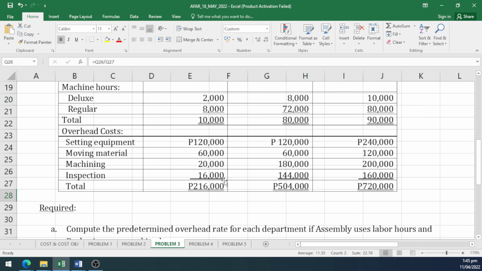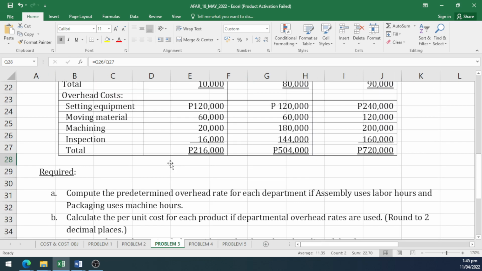Ngayon, pag activity-based costing tayo, ang ating cost pool, activity. Ang ibig sabihin nun, ang pooling natin or accumulation ng cost is per activity. We accumulate the cost of activity ng setup. We accumulate the cost ng activity na moving material. Accumulate the cost of machining. Accumulate the cost of inspection.